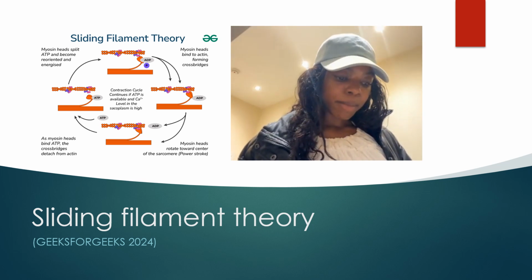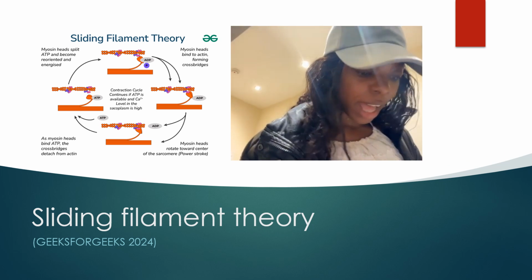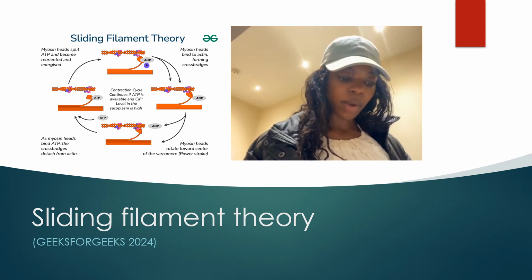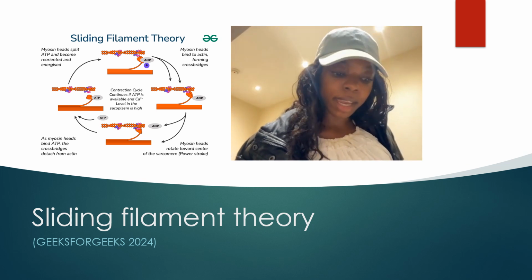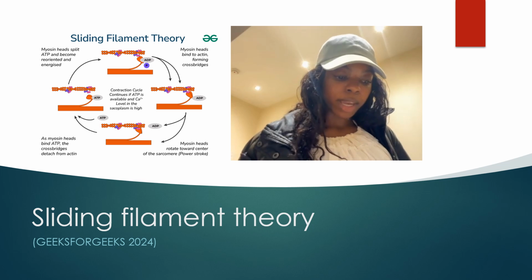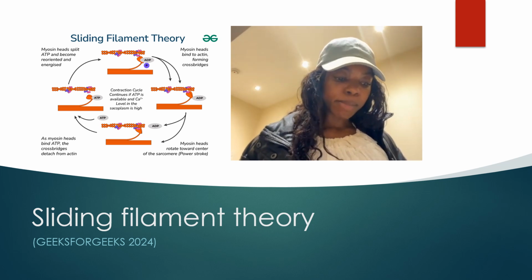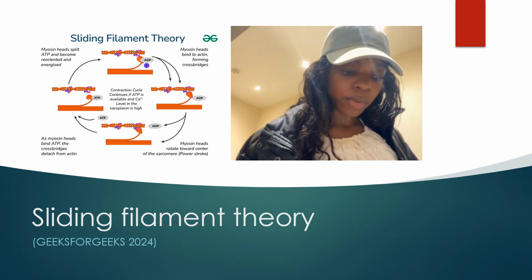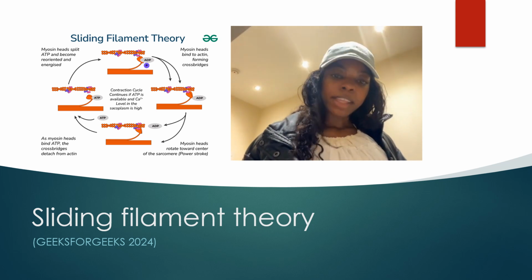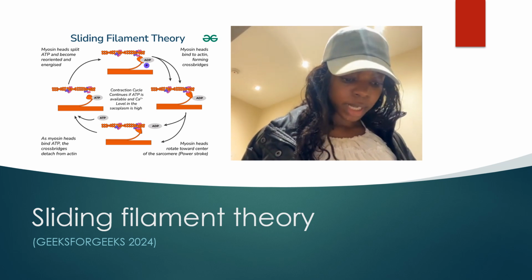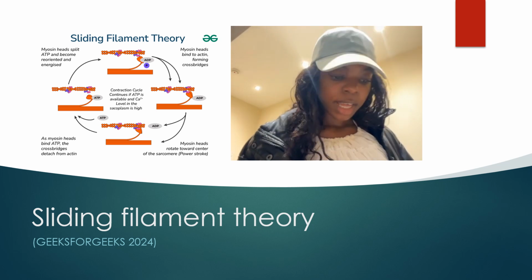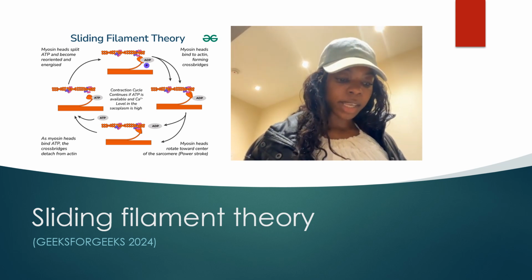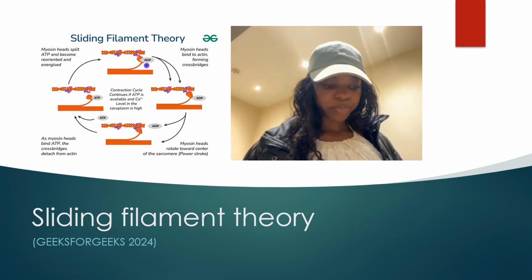The actin filaments are thin and have a double helix structure, while the myosin filaments are thick and have a globular head. The myosin heads bind to the actin filaments and pull them towards the center of the muscle fibers. This causes the muscle to shorten and contract. This theory is important because it helps us understand how muscles work.